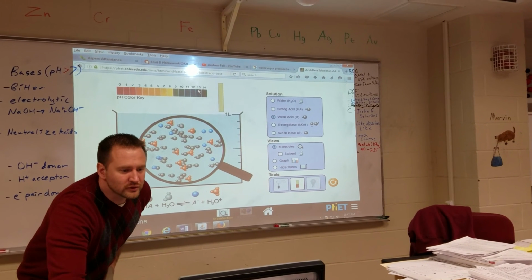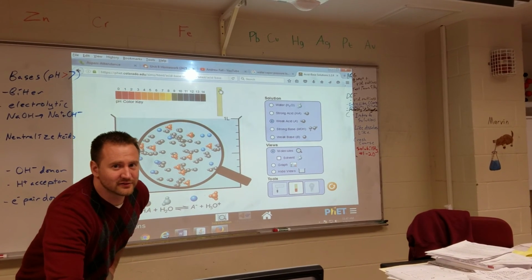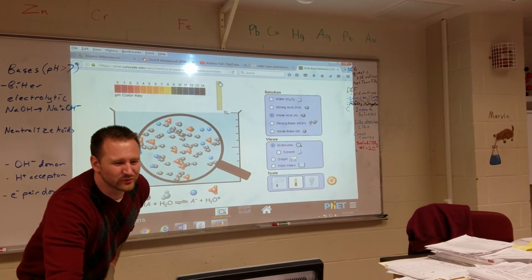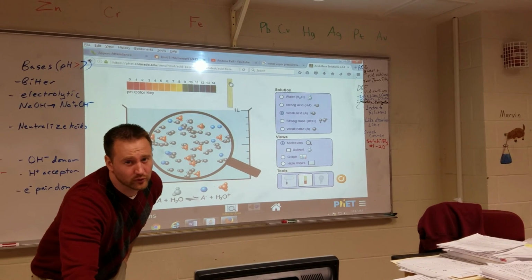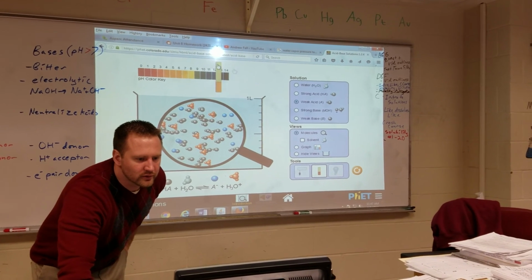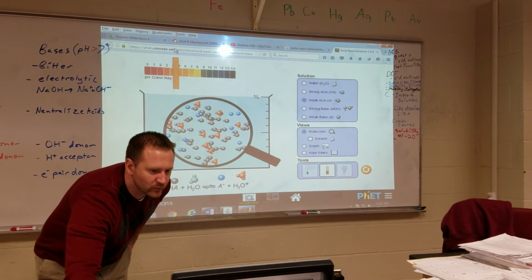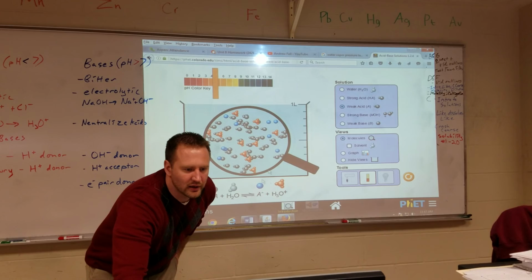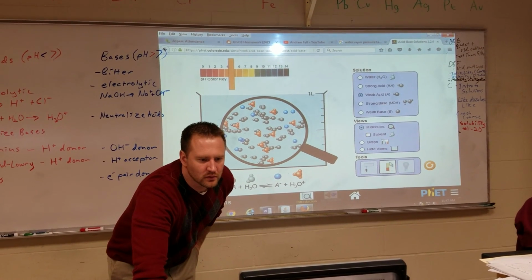One last thing: usually we say acids turn litmus paper red. We don't always use litmus paper, we usually use pH paper or a pH meter, but you can see that the color of this paper will indicate what pH it is. That's about it.